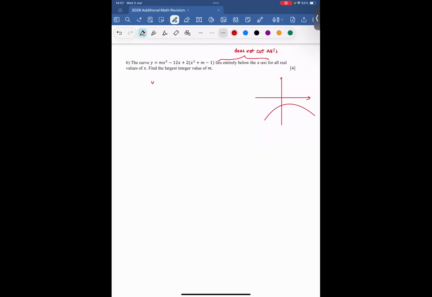Okay, so from here, b squared minus 4ac is equal to, you have to expand first to get your x squared together, your x together, and your number together.